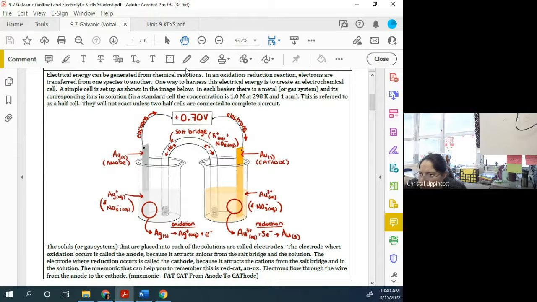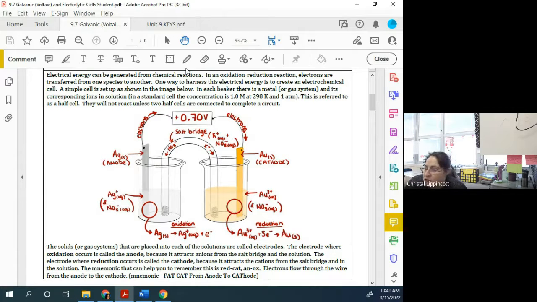In this example, they've got silver and gold, and the electrons are going across there. I'm going to show you today how you figure out which one's which, and from which side to which side the electrons are traveling. So we're going to learn all of that today.